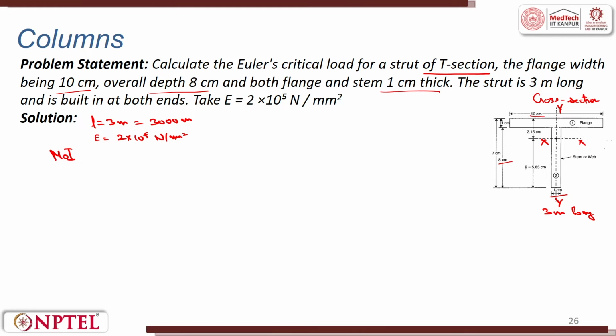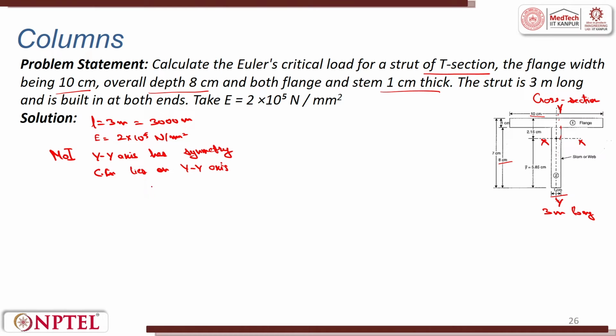So, recalling the concepts of moment of inertia, if we need to calculate it, we can see this is symmetrical along the y-y axis. So, the y-y axis has symmetry, so the CG lies on the y-y axis. CG, that is the center of gravity, lies on the y-y axis.